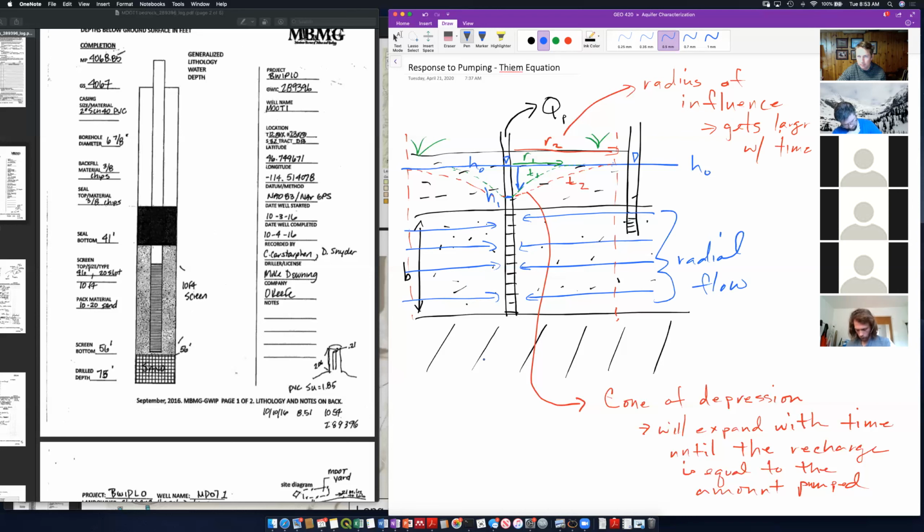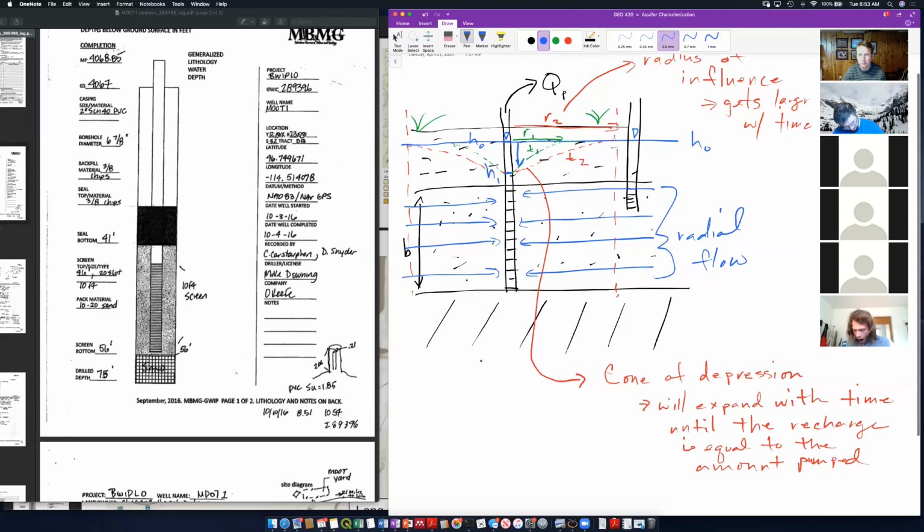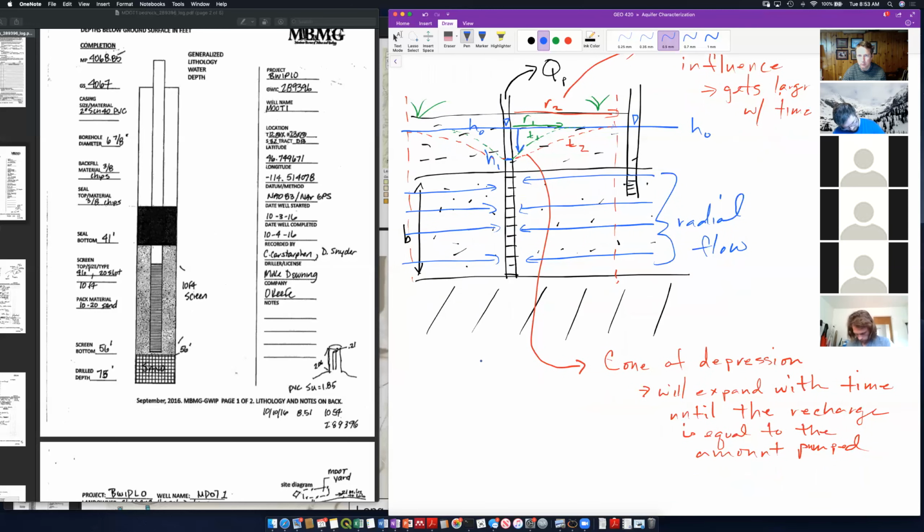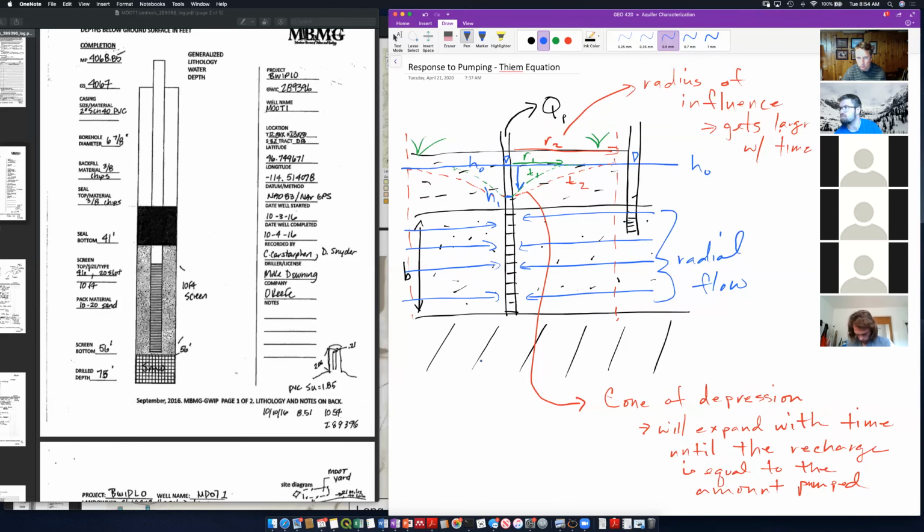Sir? Yep. So you're pumping, right? You have the initial drop, and then after a while it gets to T2, and the water flows in order to counter the pumping, and it only goes for a certain distance. The water can only move if there's a gradient in head.